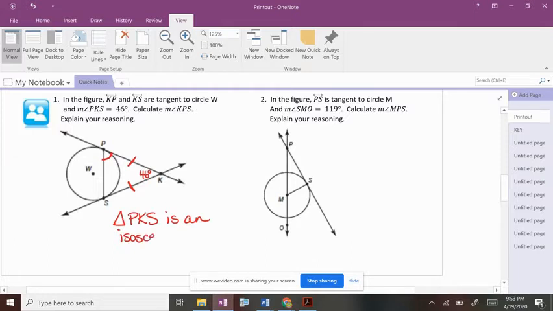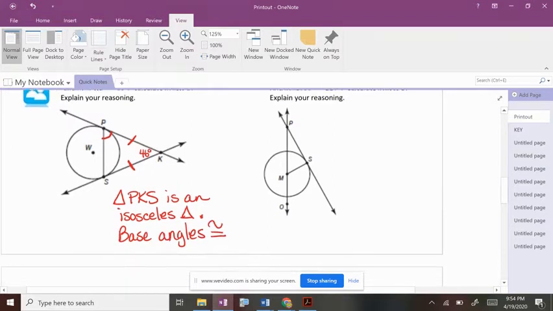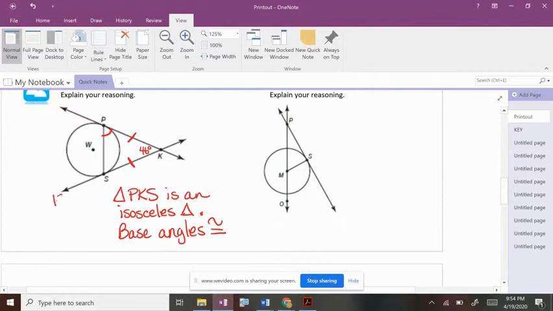The isosceles triangle tells us that two sides of the triangle are equal. Therefore, the two base angles are equal as well, so our base angles are going to be congruent. We're going to do a quick 180 minus the 46 that we have, and that's going to equal 134.